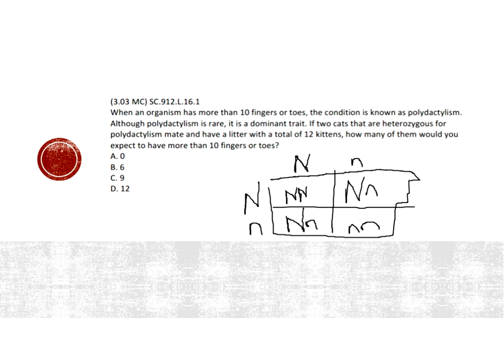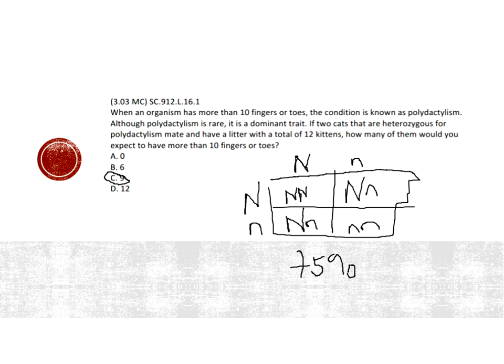So 3 out of 4 is 75%. 75% chance of having the polydactyly. So if they have 12 kittens, 75% of 12 is 9. That means 9 of them would possibly have the polydactyly.